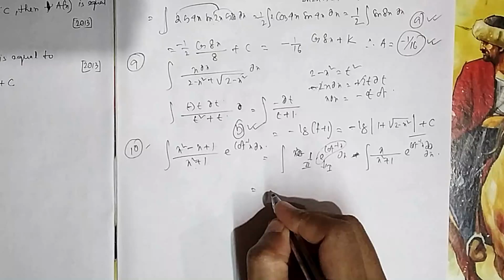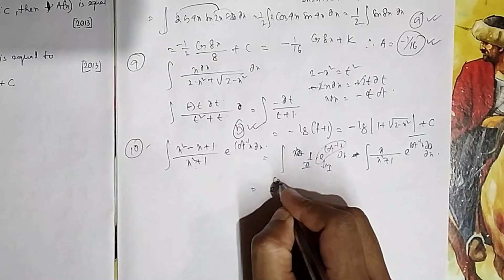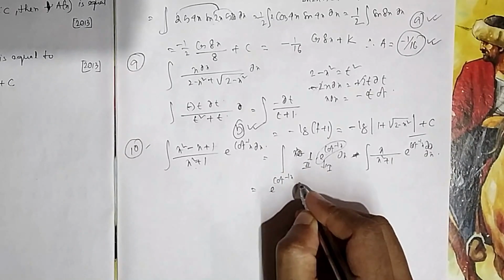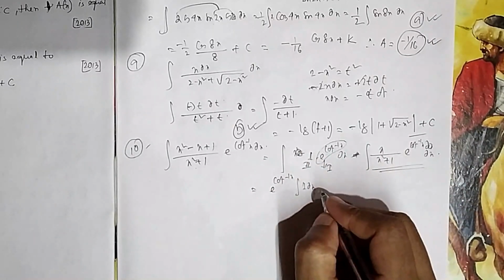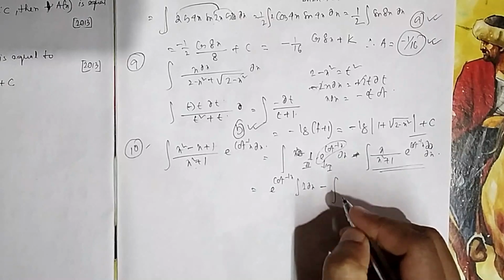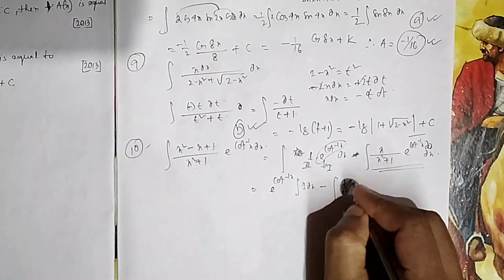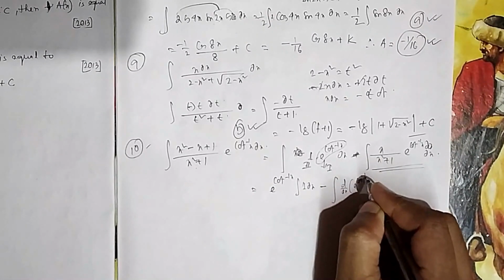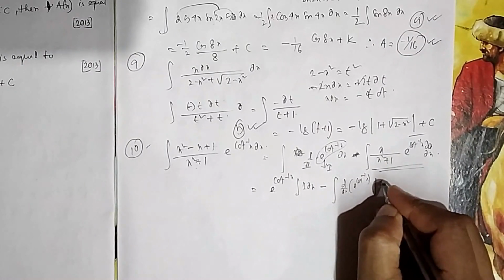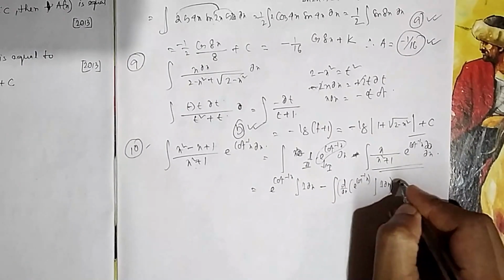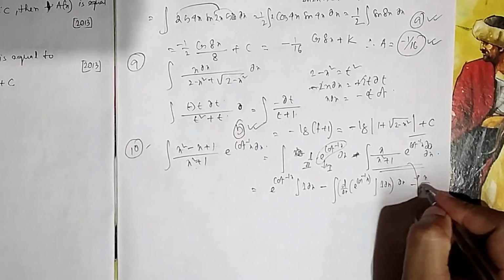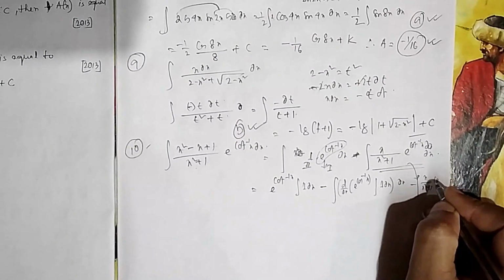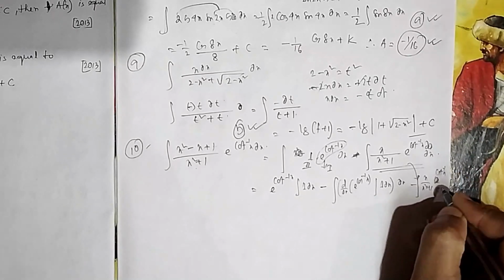So first function constant, integration of second function, so that will be integration of 1 dx. I am keeping it as it is, and then minus integration of the differentiation of the first function, e to the power cot inverse x, into integration of the second function, whole integration, and you keep this one as it is, minus integration x by x square plus 1 e to the power cot inverse x dx.